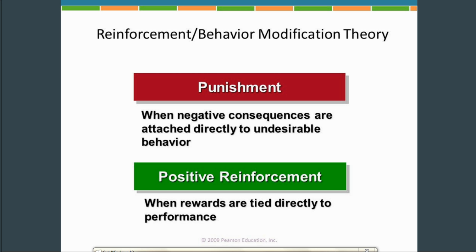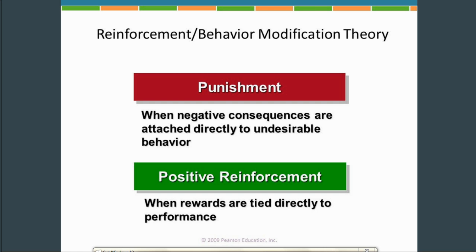So we have punishment and positive reinforcement, which are, again, the two main things that are going to influence the behavior changes in the clients. Punishment is when a negative consequence is the outcome of the undesirable behavior.